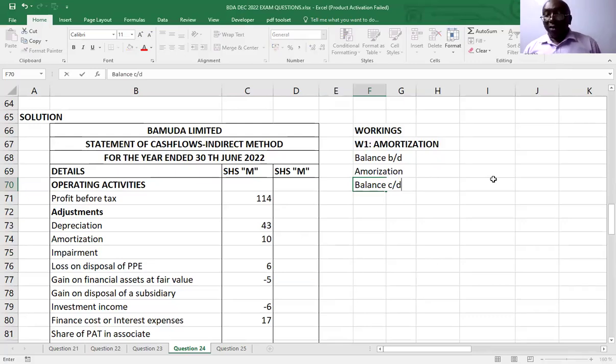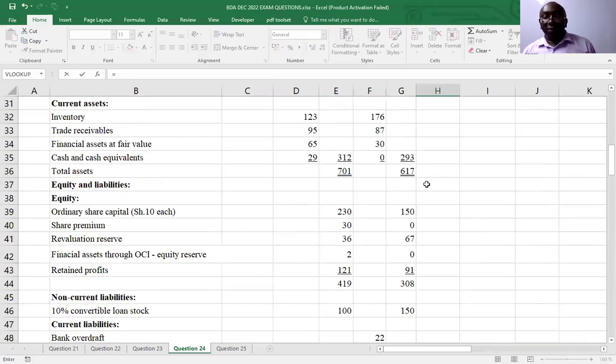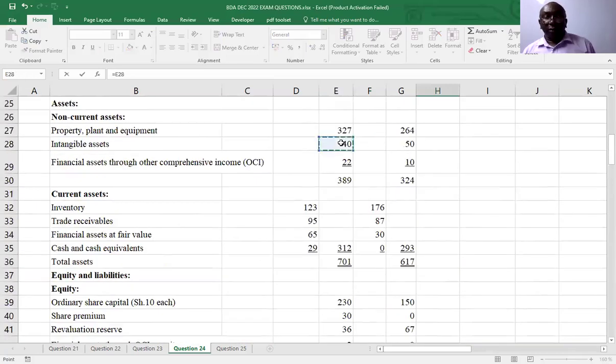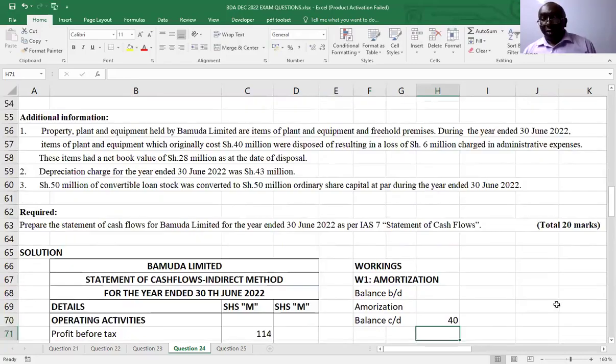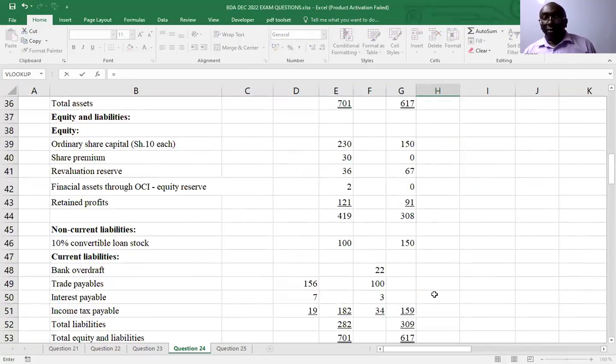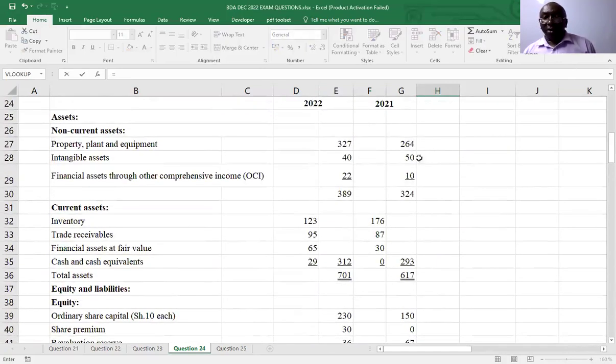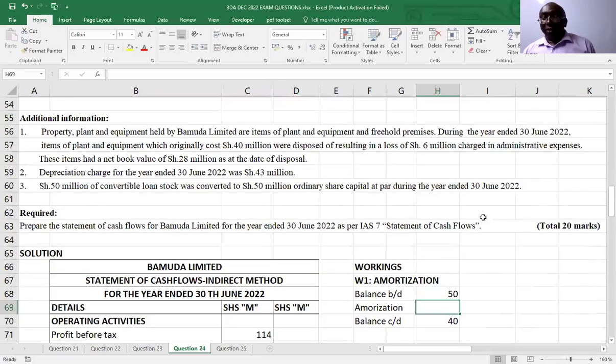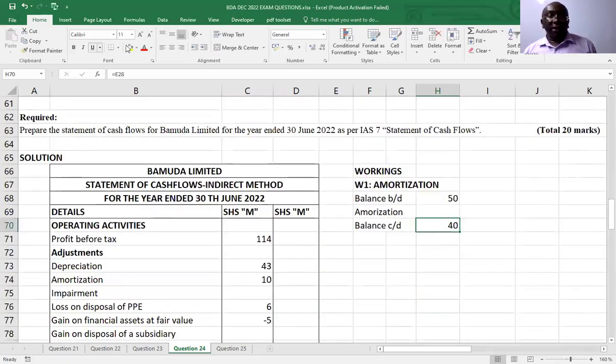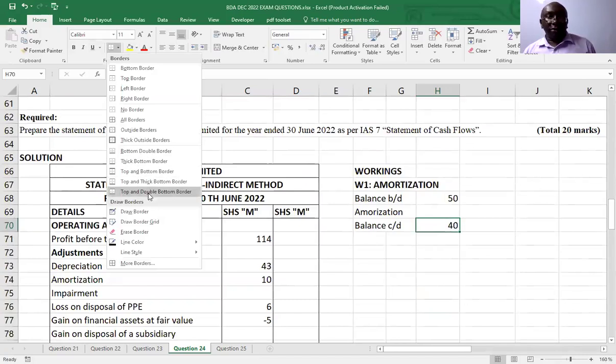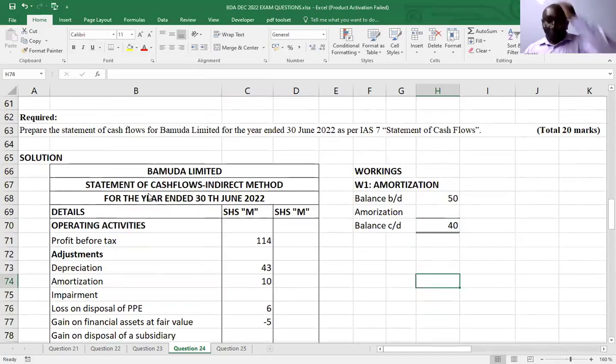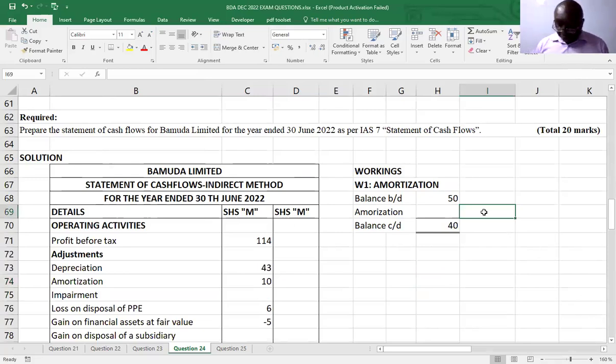So now the balance carried down, you take it from the closing figure here. The opening, the brought down, you take it here. So this one, you can give it a bottom double underline. So this figure now will be what I call the balancing figure.